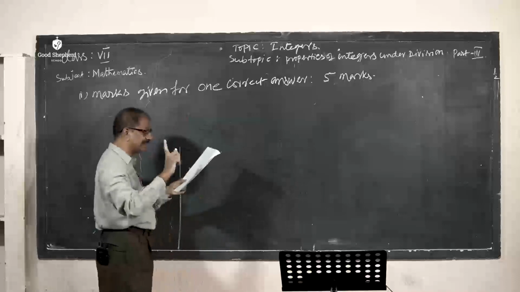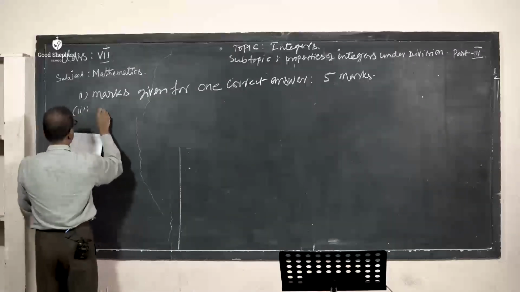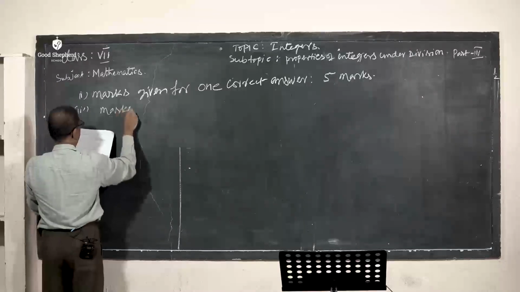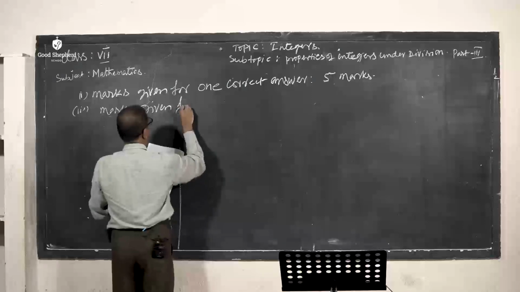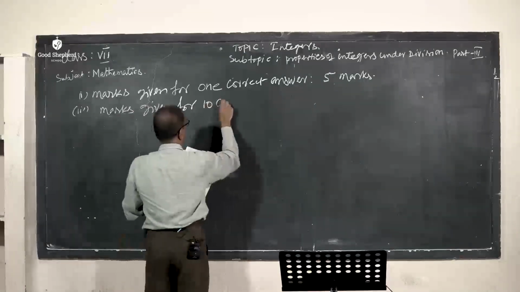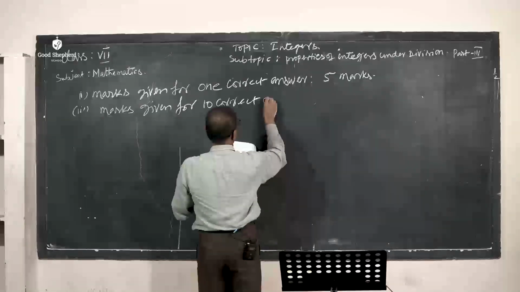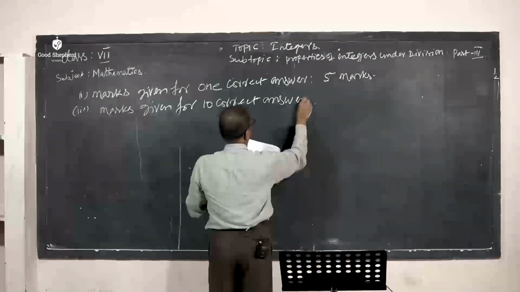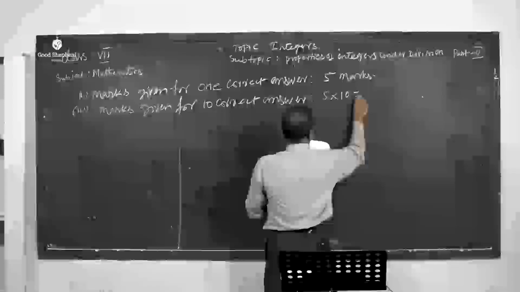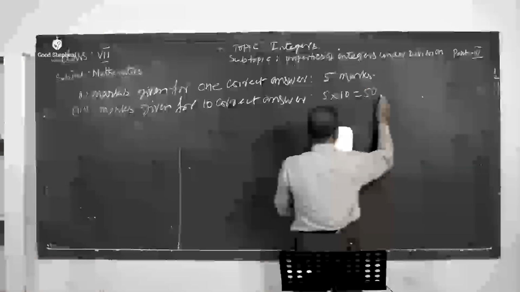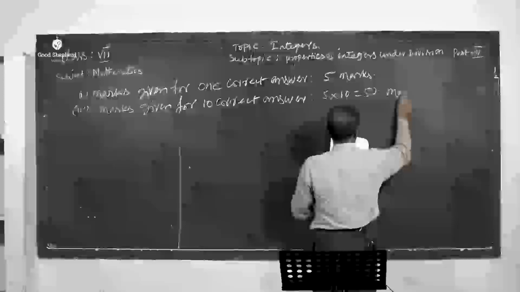She got 10 correct answers. Who is that? Radhika. The second part is marks given for 10 correct answers. How much did she get? 5 into 10. That is, she got 50 marks.